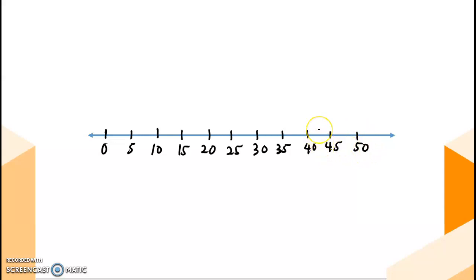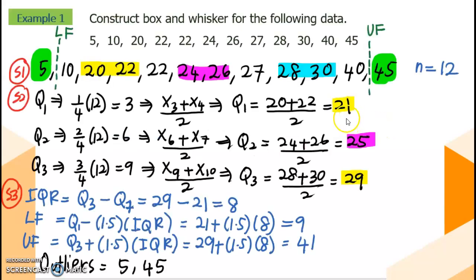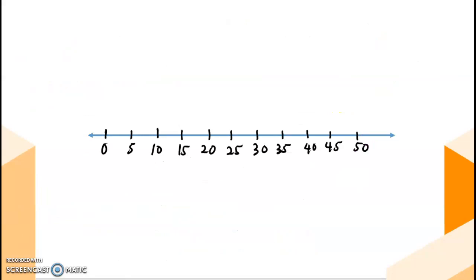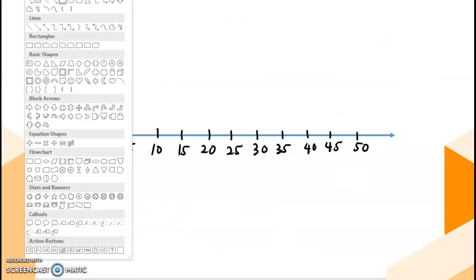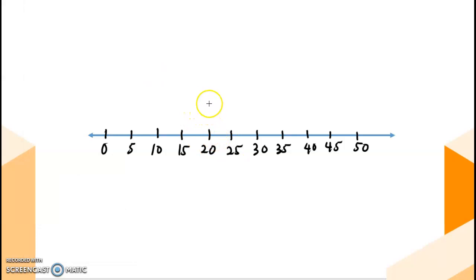Next, we are going to plot the box. Remember, our box will be 21, 25, and 29. Our box starts at 21 and goes until 29 here. And then we are going to label our Q1.